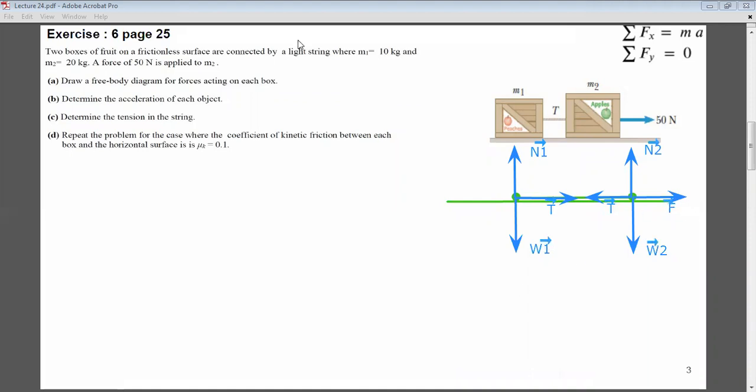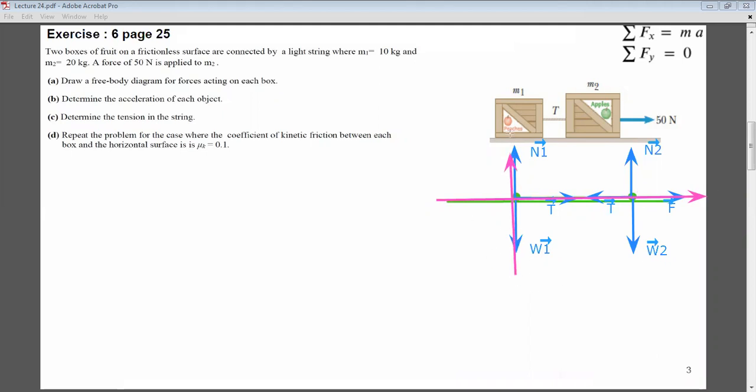Now, this is the first step: we draw the free body diagram. The second step before we continue is we choose the x-axis and y-axis. Since the objects are moving to the right, the x-axis is to the right, for both of them.